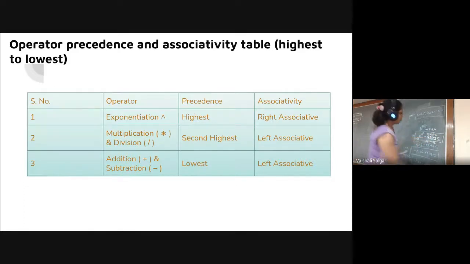So for 4 into A, I will write it step by step so it will be clearer to you. Only this much of my board is visible, so I can't shift to that side or below. So what I will have is asterisk 4A.